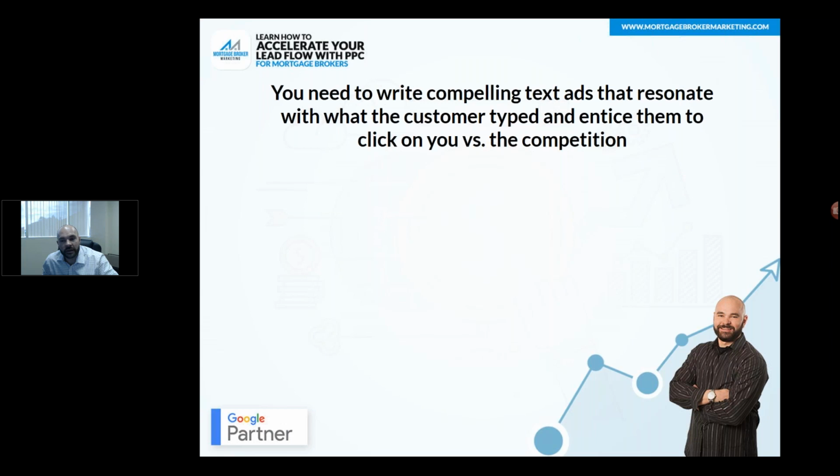And we need to write compelling text ads that match what the customer typed in, and really entice them to click on you versus the competition. Really, less is more in these text ads.